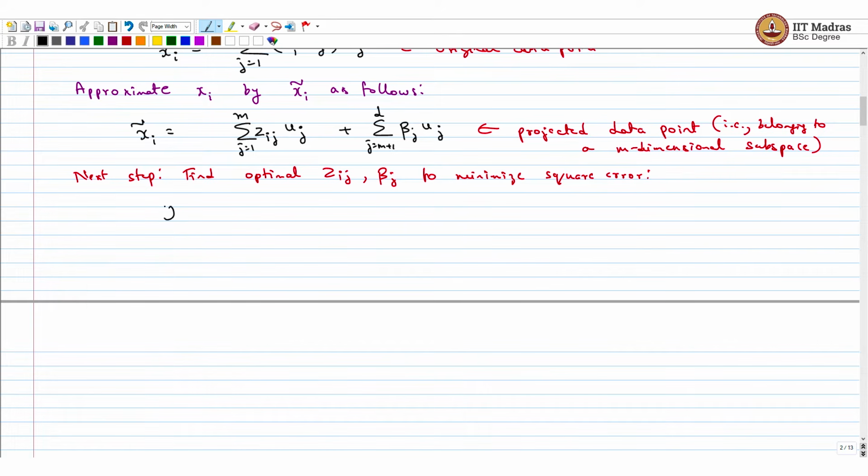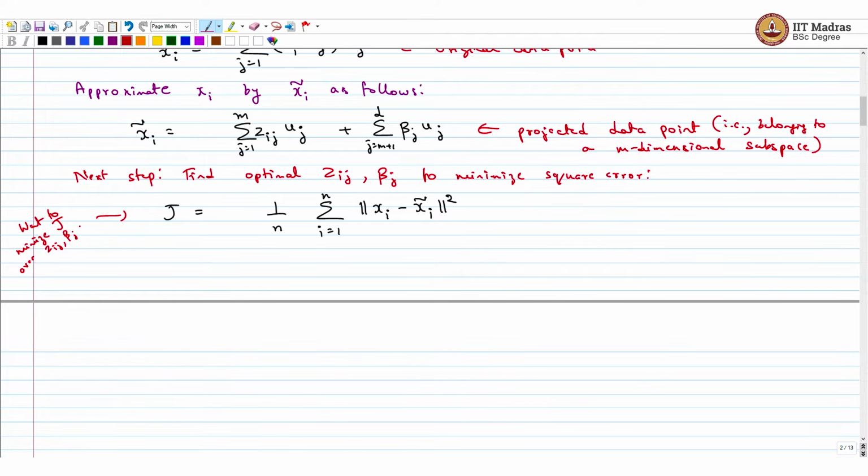So the error that you want to minimize is J equals 1 by n summation i equals 1 to n, this is what you want to minimize. So we want to minimize J over these coefficients zij's, beta j's. This is what you want to do.